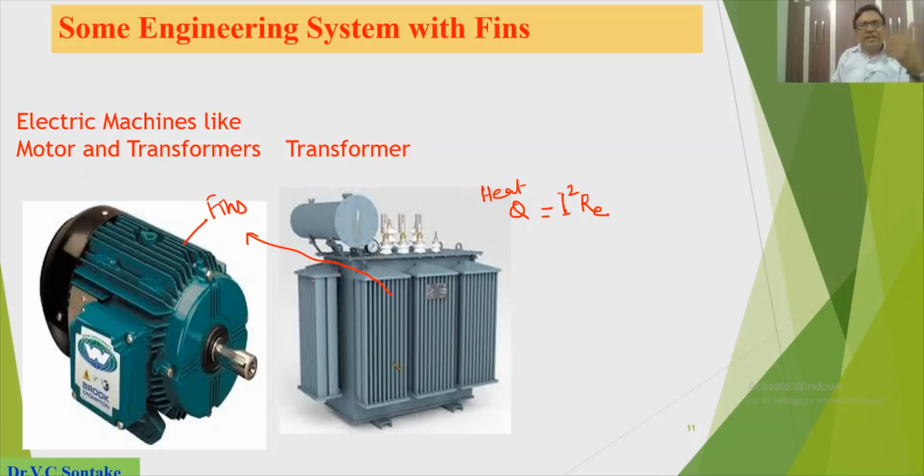Now this generated heat is actually unwanted, undesired, and if it is not dissipated to the environment, it will unnecessarily enhance the surface temperature of either this electrical motor or transformer, and this increased temperature will disrupt the functionality of the electric motor or transformer. So by providing the fins, we can enhance the heat transfer rate, and these two electrical machines' temperature will remain within the optimum limit.